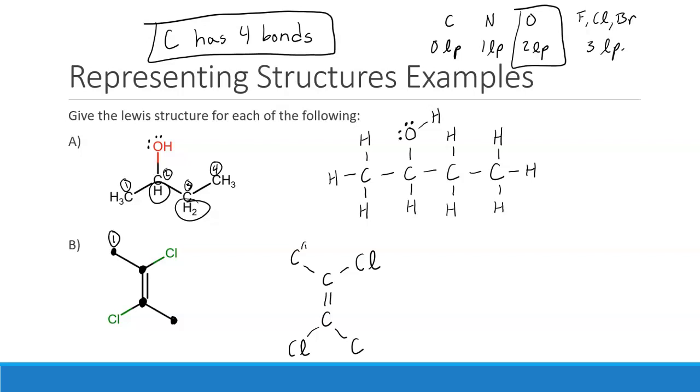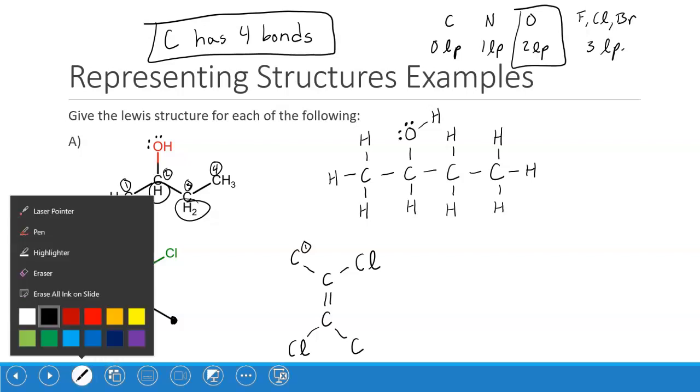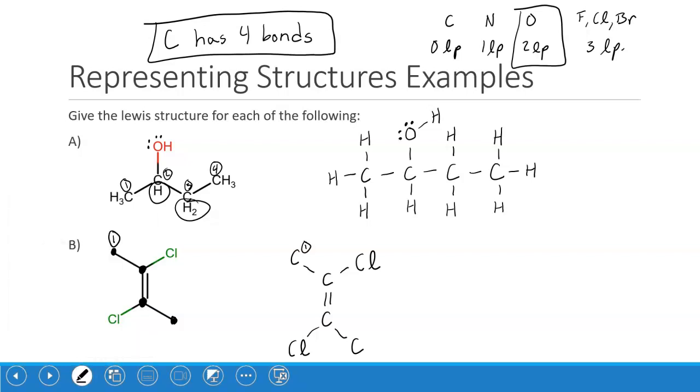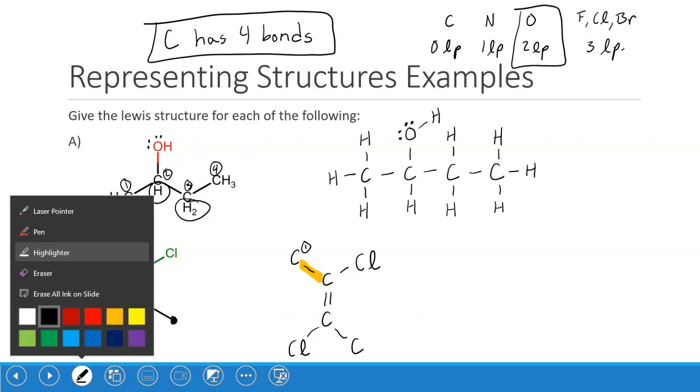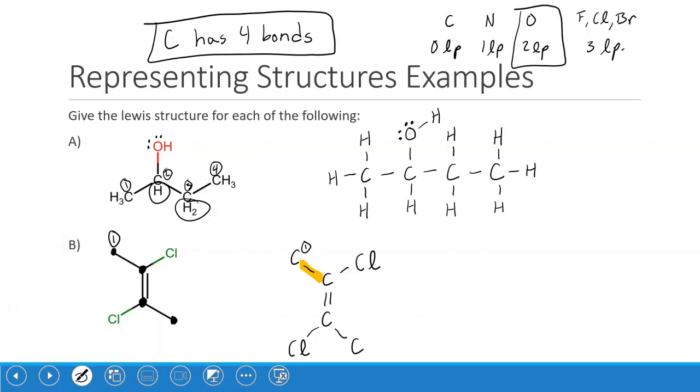The first carbon here has only 1 bond currently to that second carbon. Okay, so we need to add 3 more bonds to that carbon. Which means that we need to add 3 hydrogens.